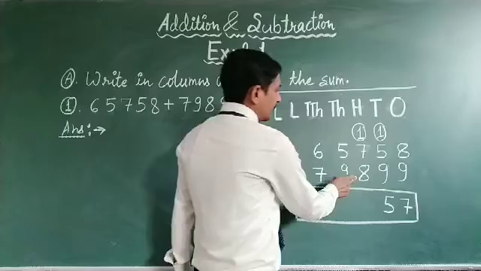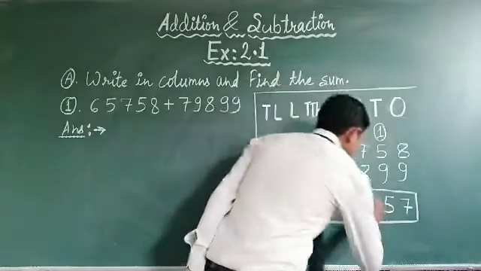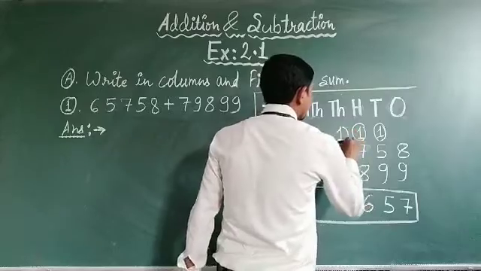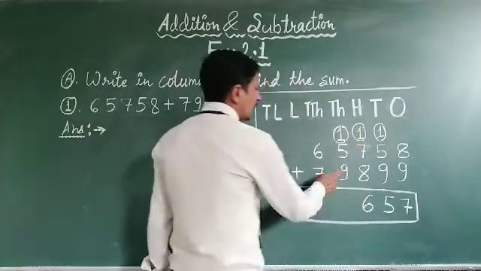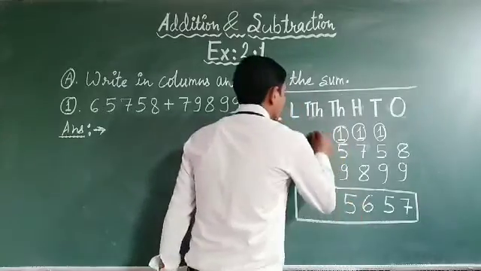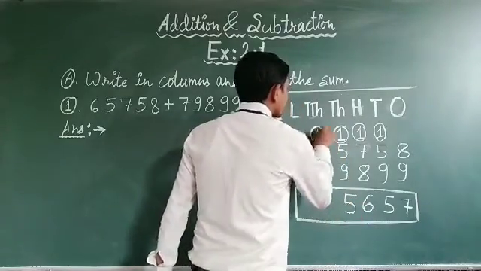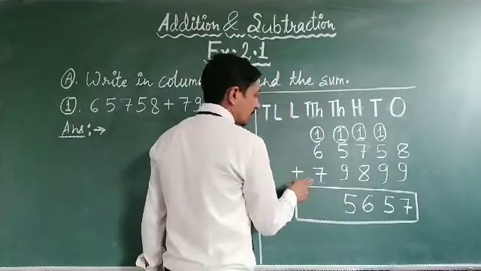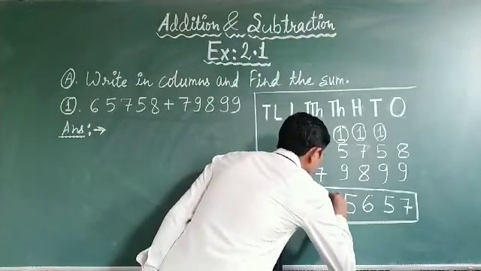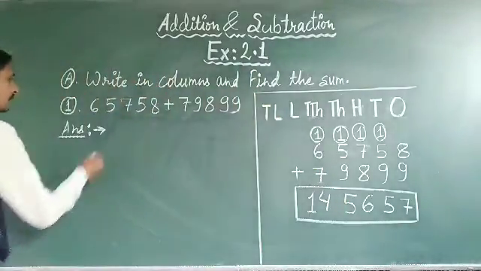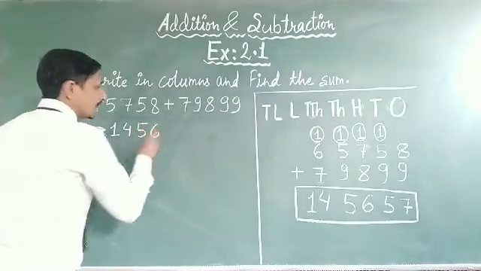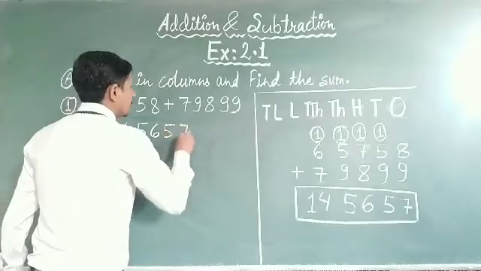Next 8 plus 7, 15, plus 1, 16. Write down 6 and carry 1 again. Then 9 plus 5, 14, plus 1, 15. Write 5 and again 1 is carried here. Now 6 plus 7 equals 13, plus 1, 14. So our final answer is 145657.